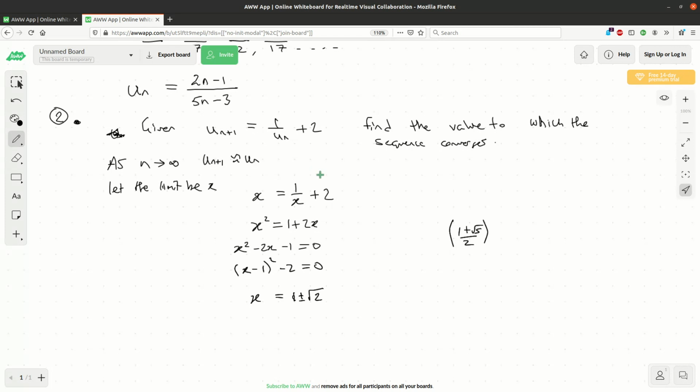Press 5, press equals, and now press 1 divided by answer plus 2, and then just press equals many, many times, and I end up with 2.414 on my calculator, which is 1 plus root 2. It will always converge to one of those values, and the value it converges to is 1 plus root 2.